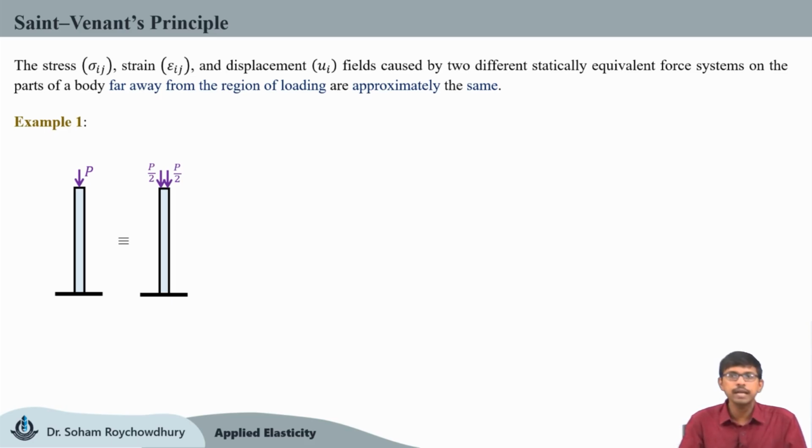We apply P by 2 forces on two sides in a symmetric fashion, so that no moment is created about the central axis of the bar. Both forces are just a very small distance away from each other. So, these two force systems can be called equivalent force systems. Their effects must be the same at the point of loading.